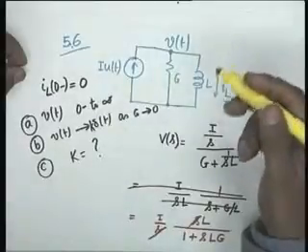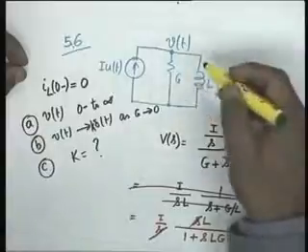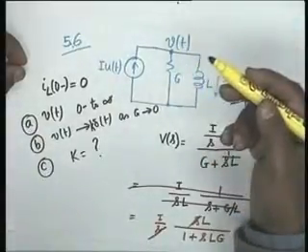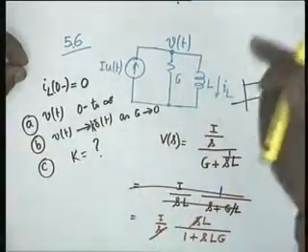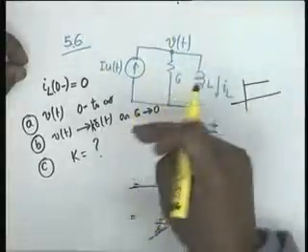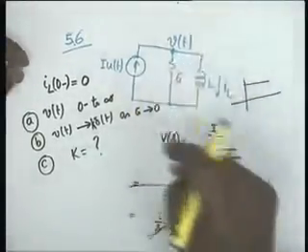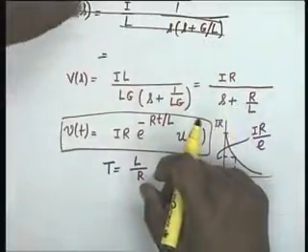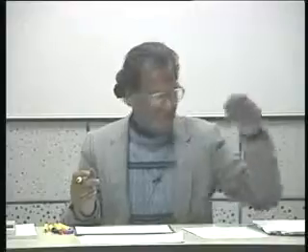Derivative of a unit step is a unit impulse function, and therefore the current, the voltage which is L di dt, this small i establishes from 0 to capital I instantaneously, and therefore the voltage must be an impulse function. And this argument can now be extended to the equation, and I leave that to you. This physical argument can be translated in terms of a mathematical argument in terms of the equation.